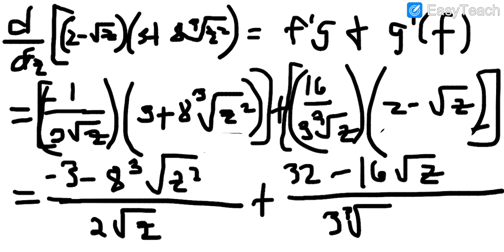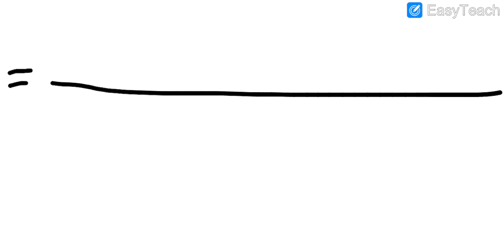Okay, now let's go and simplify this one. We want to add them, but we cannot directly add them since they have different denominators. So we need to find their LCD, and that will be the product of these two, which is just equal to 6z raised to 5 over 6.